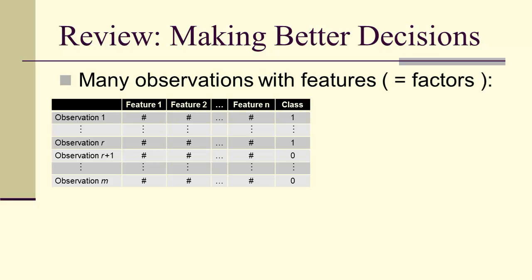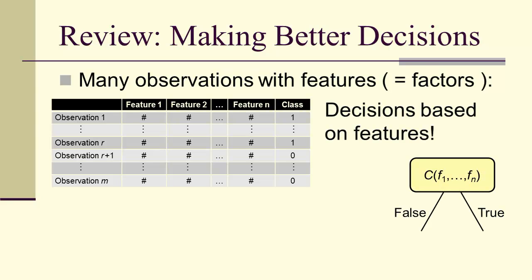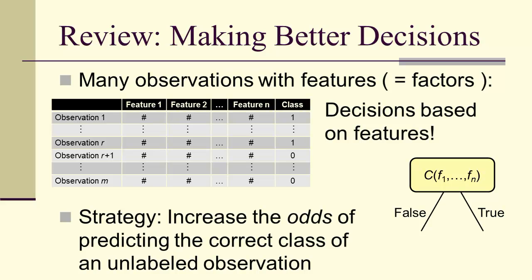We have many observations, and each observation has features or factors. Then we base decisions on the features or the factors. And our strategy is to increase the odds of predicting the correct class of an unlabeled observation.